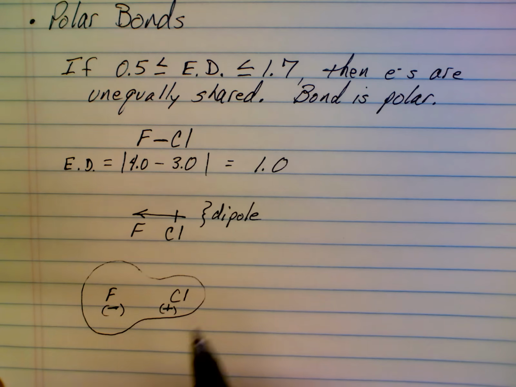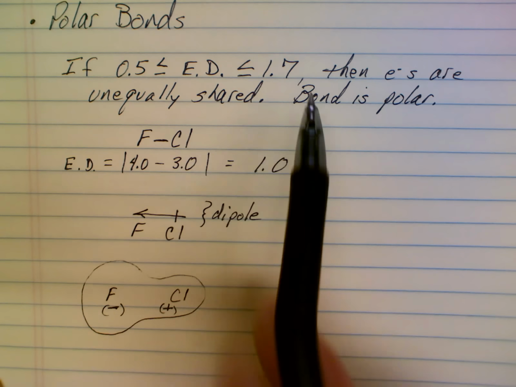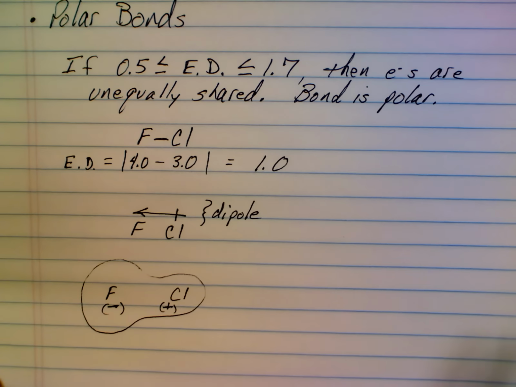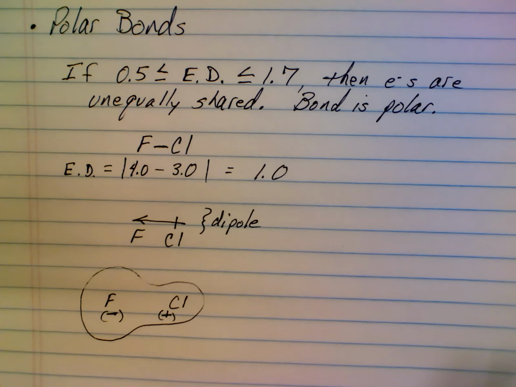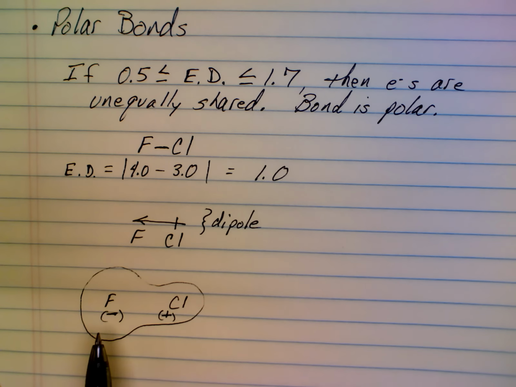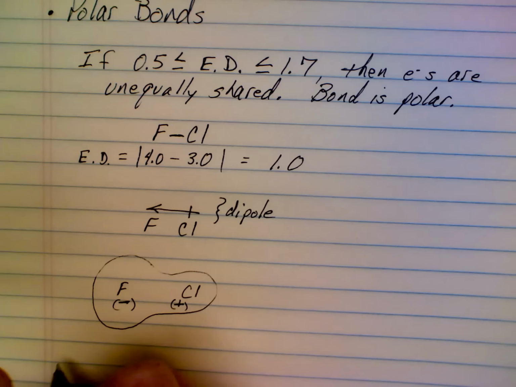Now, what if it exceeds 1.7? So that brings us to the next part. If it exceeds 1.7, then what's going to happen is the element that has the higher electronegativity will actually strip the electron from the other element, and you simply form two ions. So we form an ionic bond.